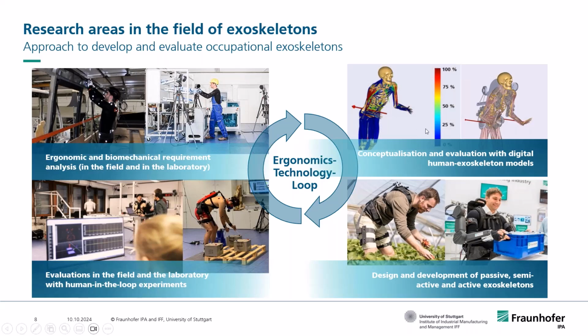We do conceptualization and evaluation with digital human exoskeleton models. We will hear about this more soon. Of course, we do design and development of passive, semi-active, and active exoskeletons, and we can then evaluate these again in the lab with human-in-the-loop experiments.